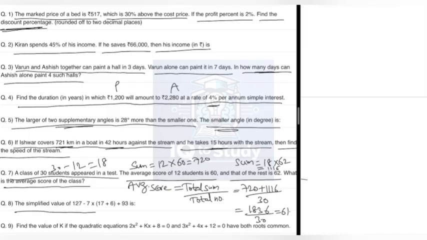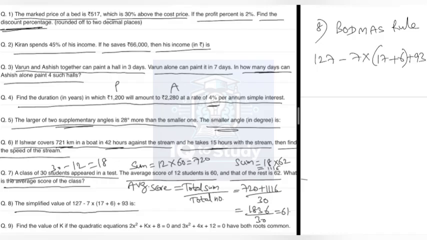The simplified value of 127 minus 7 into 17 plus 6 plus 93 is. We have to find that using the BODMAS rule. 127 minus 7 into 17 plus 6 plus 93, which implies 127 minus 7 into 23 plus 93.